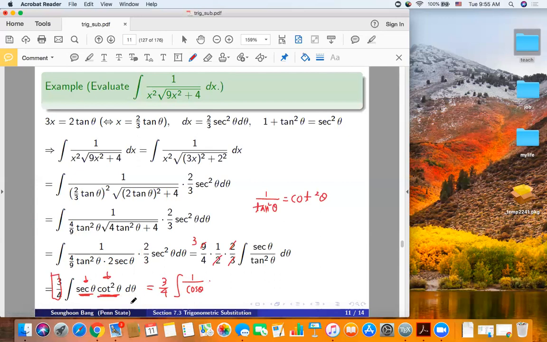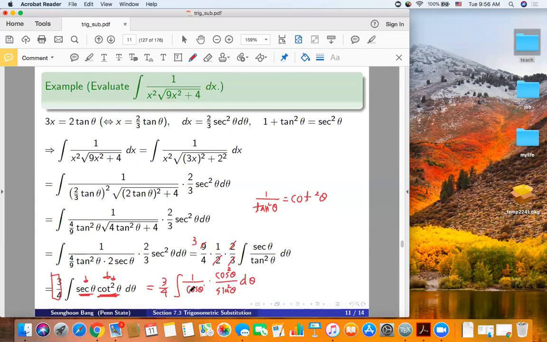Cotangent theta is cosine theta over sine theta, squared. So you can square it, d theta.